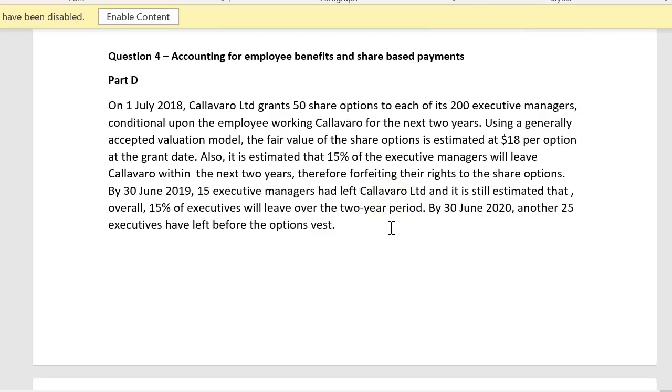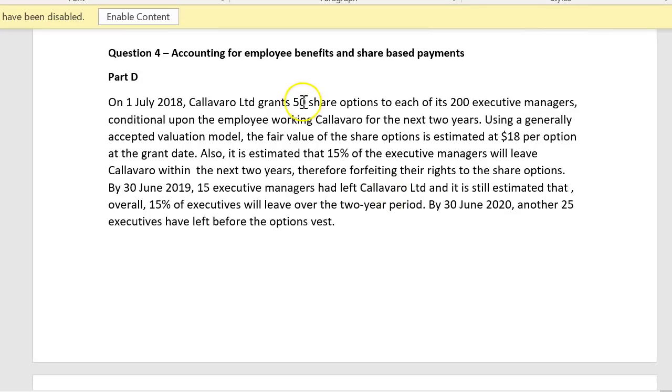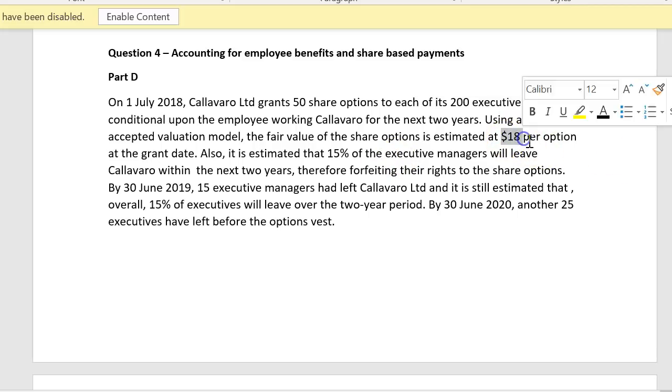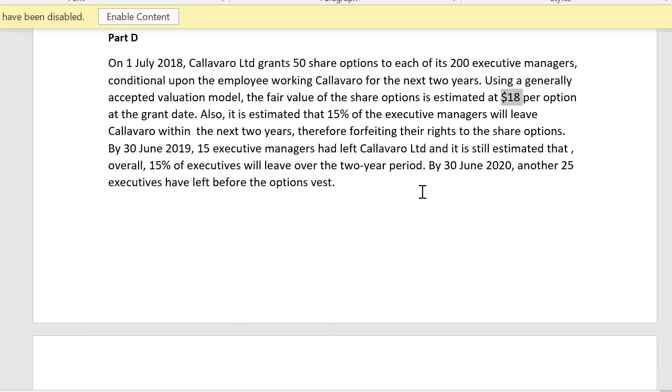Okay, right. Let's move on to part D. Again, they grant 50 share options to each of its 200 senior executives, right? And the fair value of the option is $18, and they estimated that 15% will leave within the next 2 years and forfeit their eligibility by leaving during the 2 years.